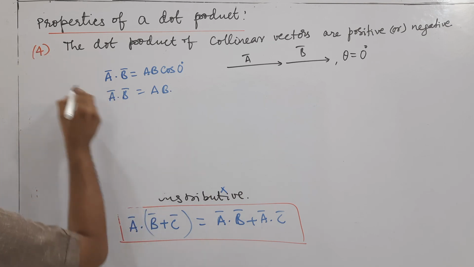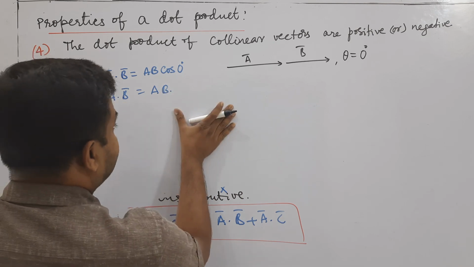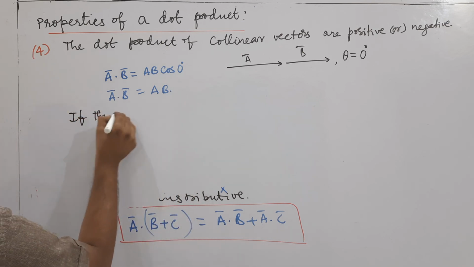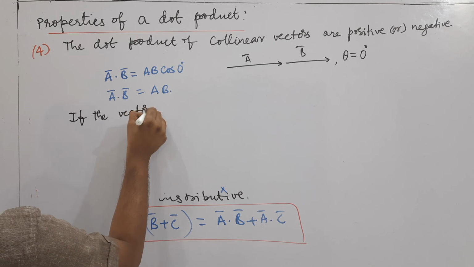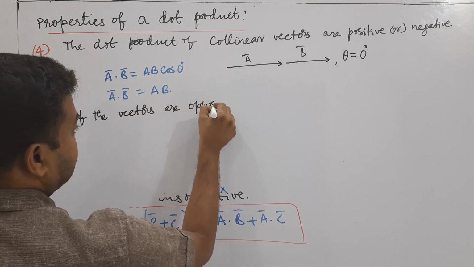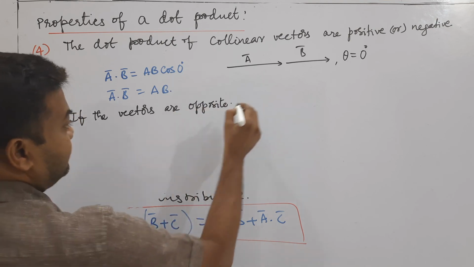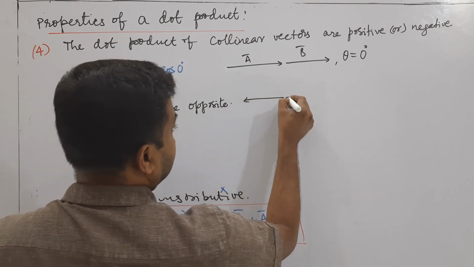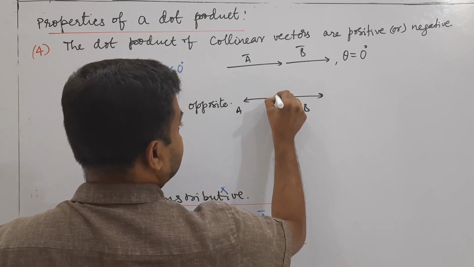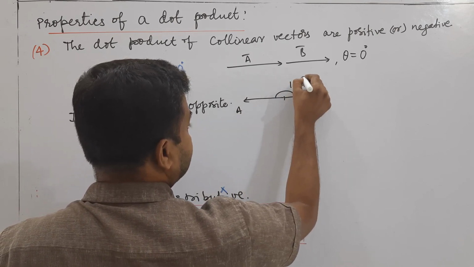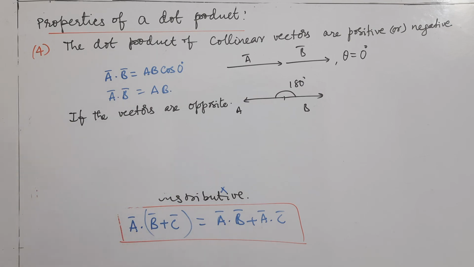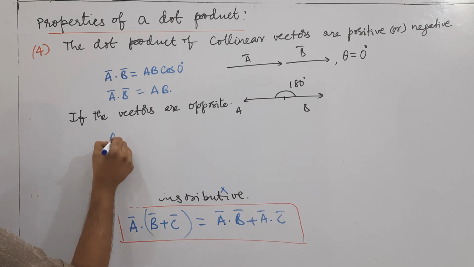Okay, A bar dot B bar is equal to AB, means the vectors are in the same line. If the vectors are opposite, how will it be? Like this we have. This one is A and this one is B. This angle is 180. If it is like this, then what should be the scalar product, means dot product?